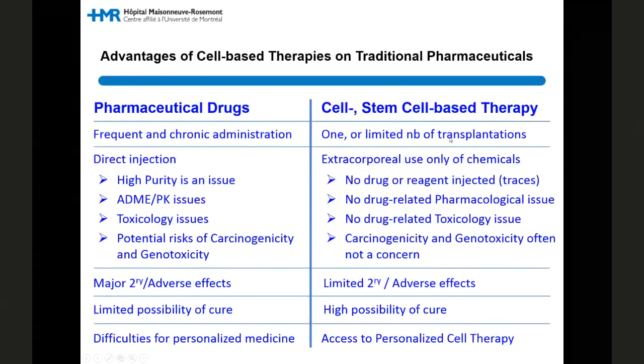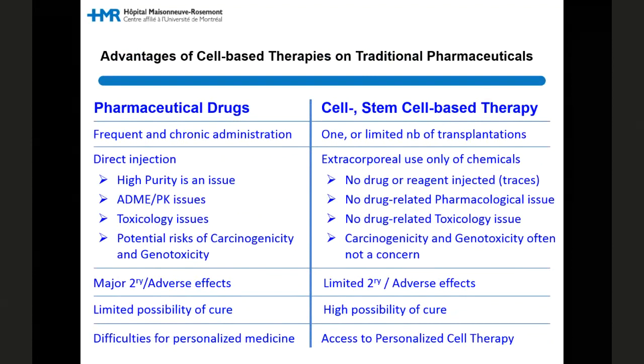So maybe just to highlight that when you're comparing pharmaceutical versus cell-based therapies, there are a number of differentiating issues. And here's a list of advantages. Clearly, I would say maybe it's a little bit biased towards cell therapies, but nevertheless, these are totally true. Like when you're administering drugs, you have to administer frequently.